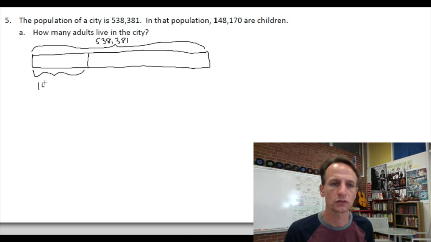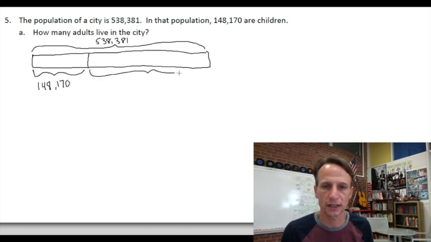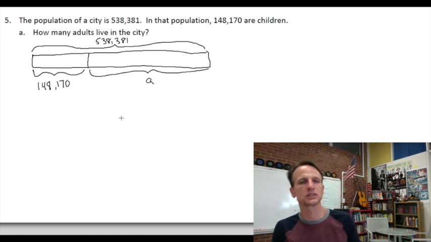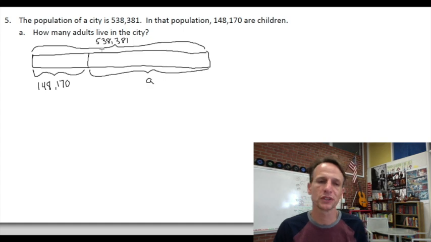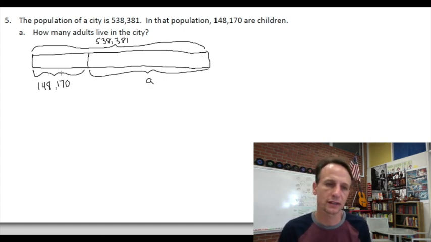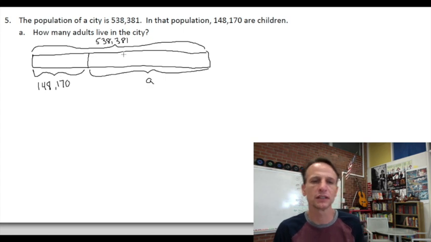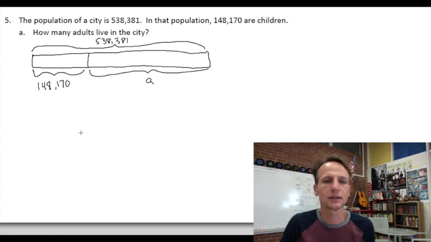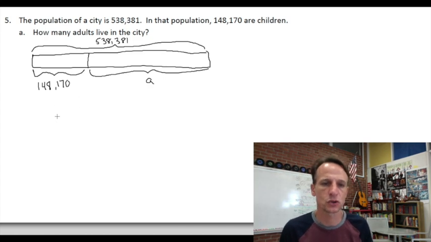That's 148,170 children. And this is our unknown part, right? Let's call it A for adults. We want to find how many adults. And the tape diagram is beautiful in that it shows you we have the whole, and we're subtracting the known part to find the unknown part. The tape diagram shows you it's subtraction.